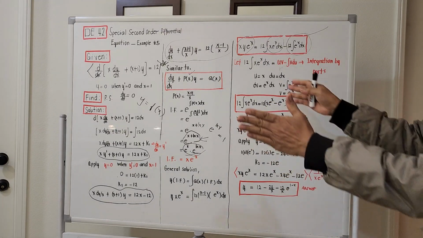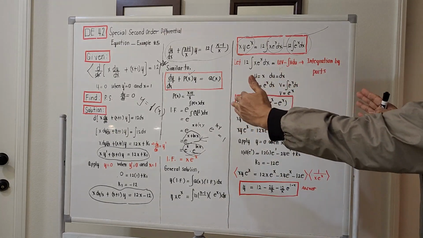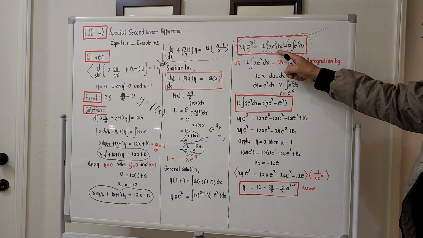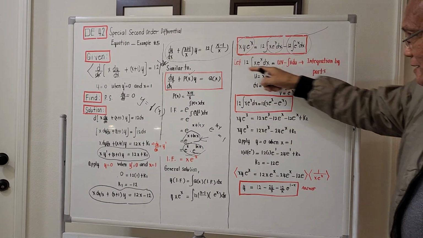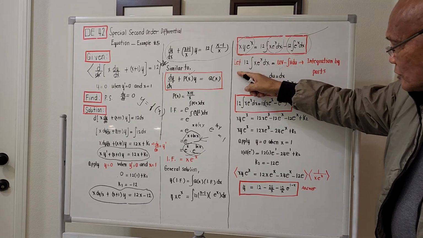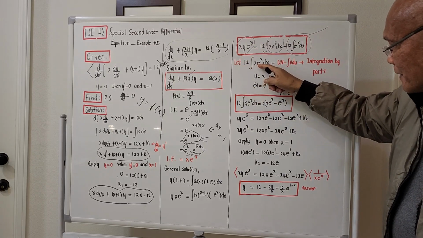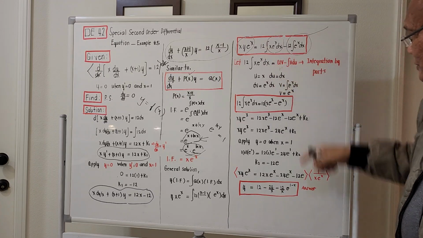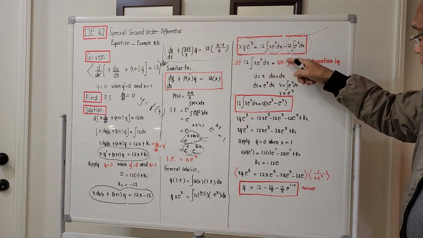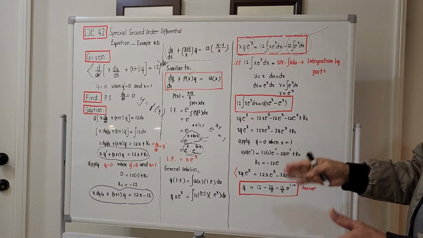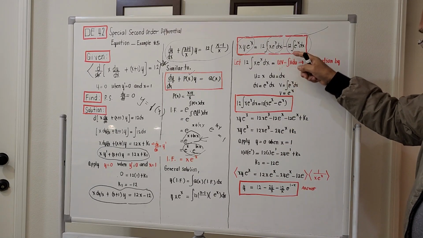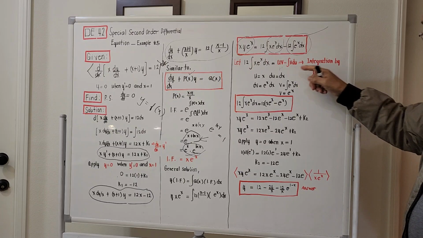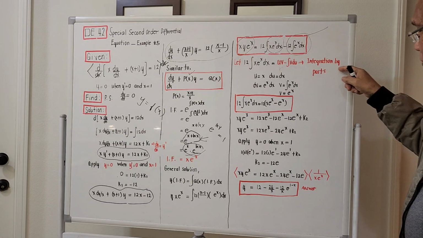Okay, so the writing on the board will be minimized. I will try to bring out the solution of this separately, so I put it on another line. I let 12 times the integral of x e to the x dx equal to this portion here. This should be equal to uv minus the integral of v du, and this is actually integration by parts.